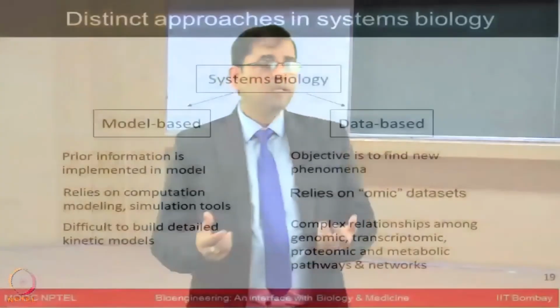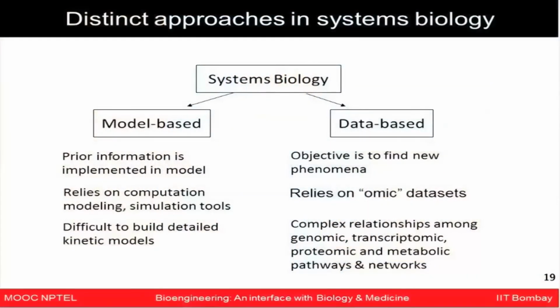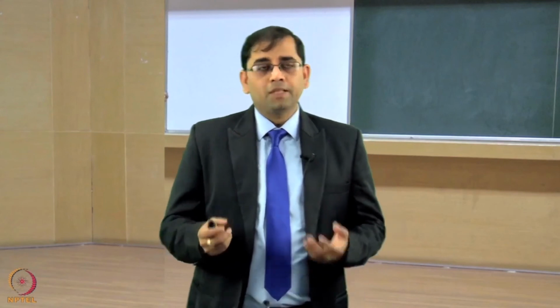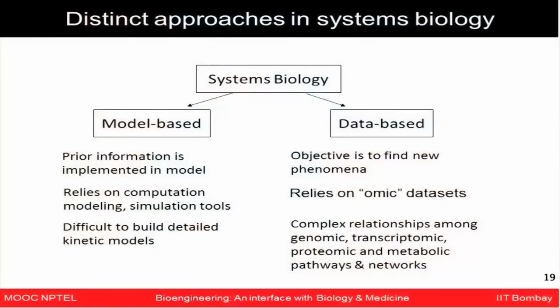Broadly, there are two major approaches which people have used to look at systems based data: model based or data based analysis. In the model based approach, the prior information is implemented in the model itself, whereas in the data based approach of systems biology, the objective is to find out what is the new phenomenon there. Model based systems biology relies on computational modeling, for example different simulation tools, whereas data based relies on the omics data sets.